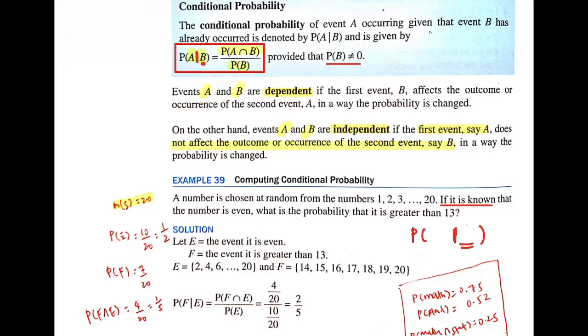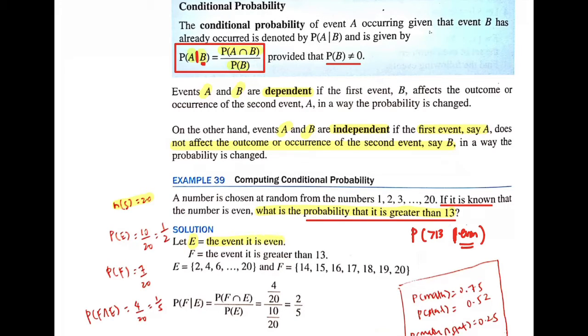If it's known that this event already happened, what is the probability that the number is greater than 13? Meaning you want to find the probability that the number is greater than 13 given that the number is an even number.